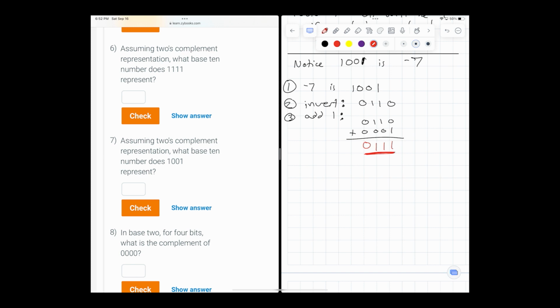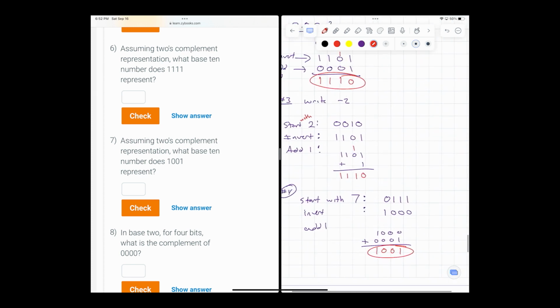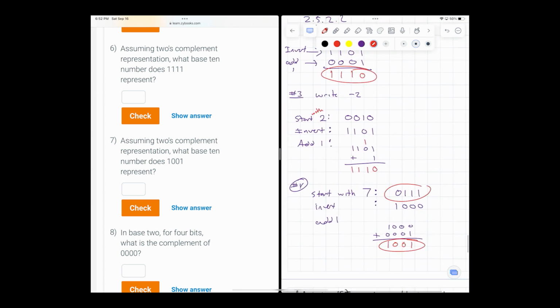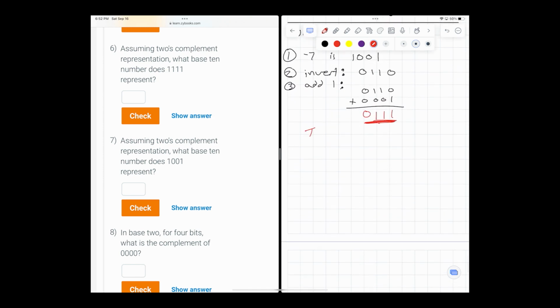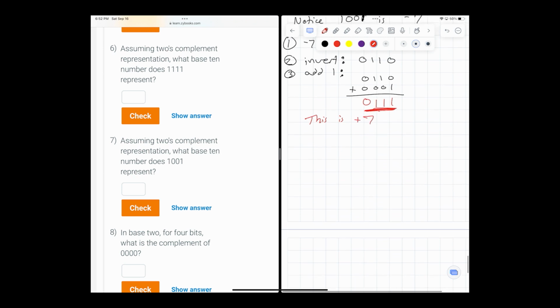Then we get this number, and what number is that? It's +7, right? It's actually what you started with up here. This is +7.